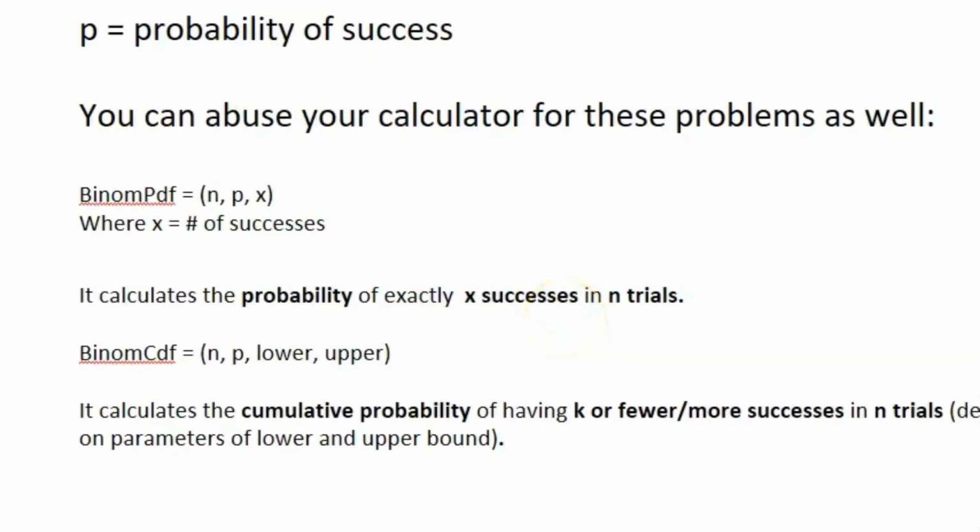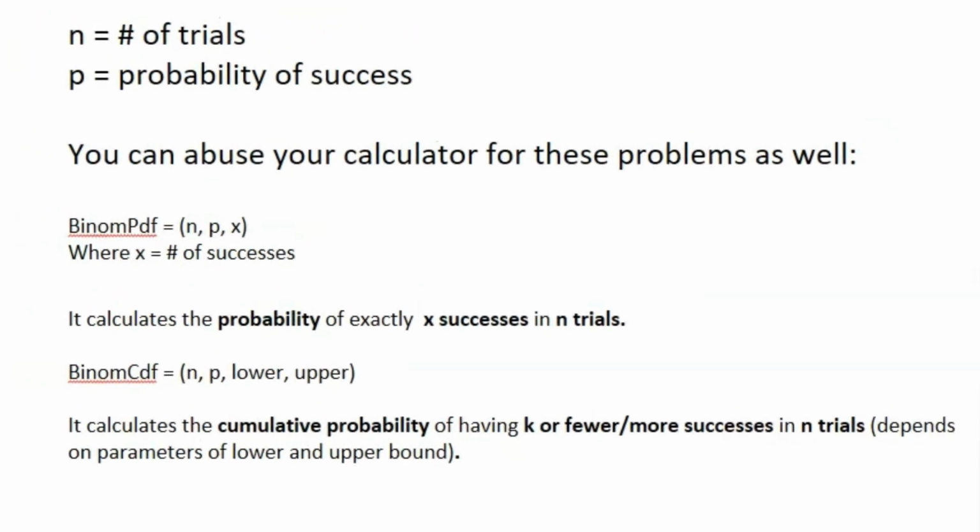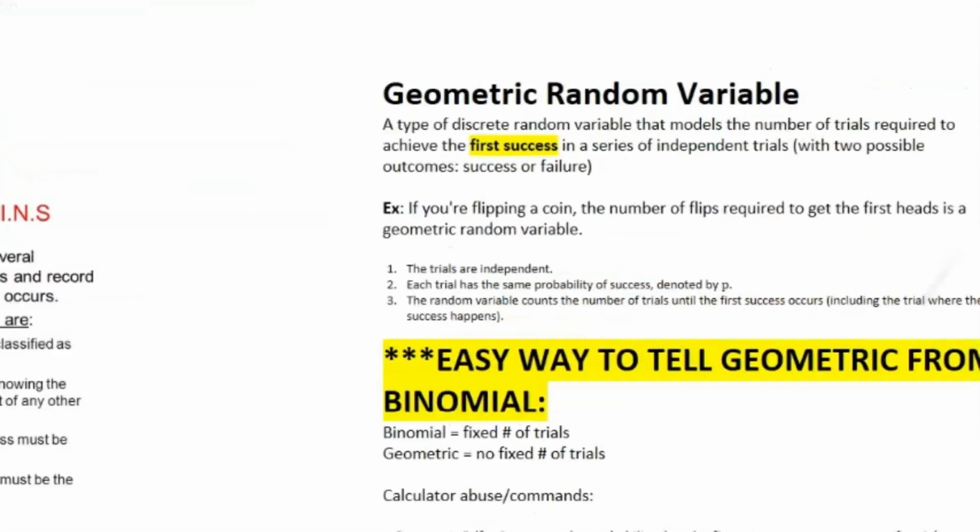Binomial CDF takes n, p, lower and upper bound. It's the same thing, except it's the cumulative probability of having k or fewer or more successes in n trials. It really depends on the parameters that you put for the lower or upper bound.